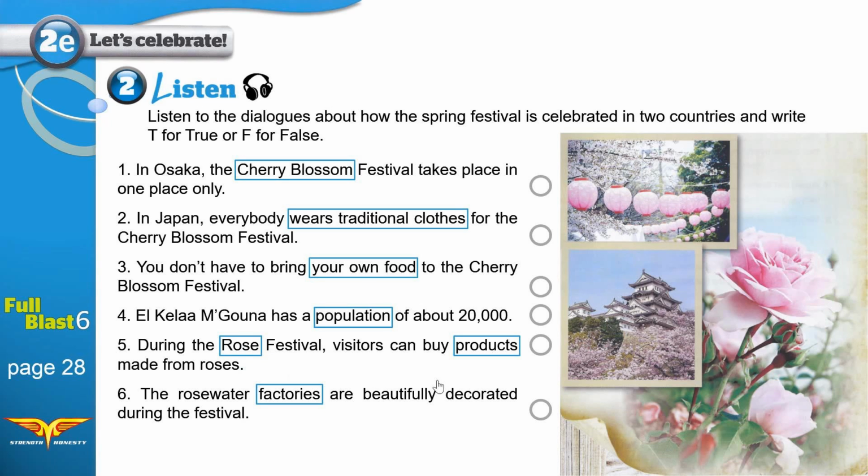1. Nobuka, how was your spring holiday in Osaka? It was very nice. In spring, we celebrate the Cherry Blossom Festival. Really? Never heard of it before. Tell me more. Well, cherry trees are very special to Japanese people, and spring is the time of year when they are loaded with cherry blossoms, which are beautiful white or pink flowers. Sounds nice. So, what do you do during the festival?